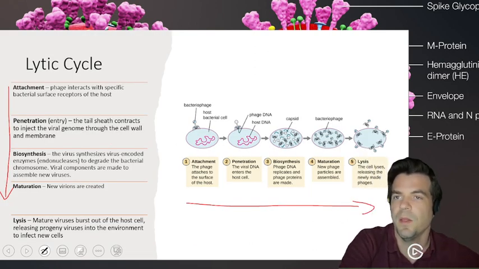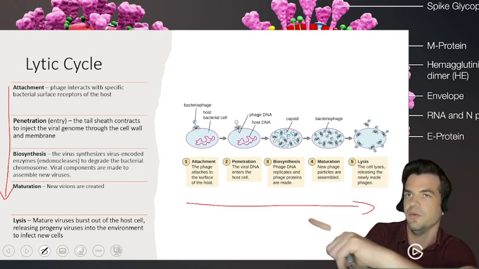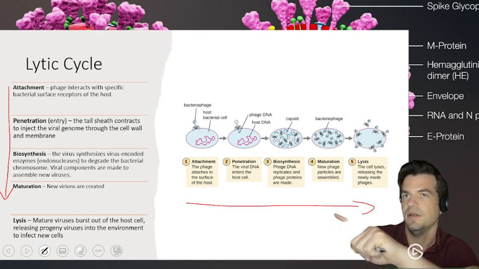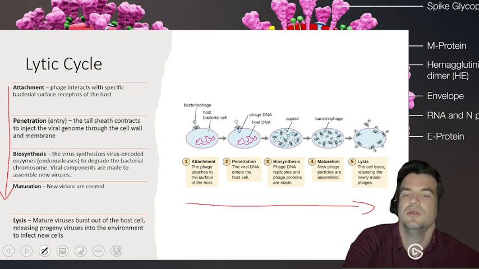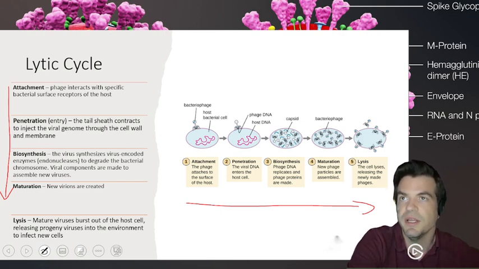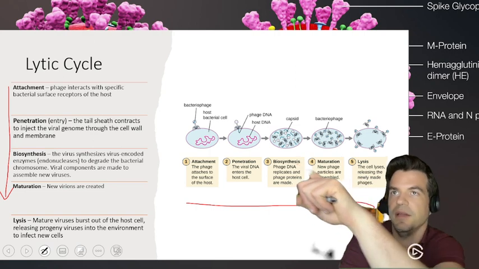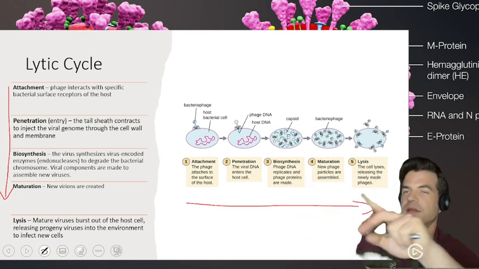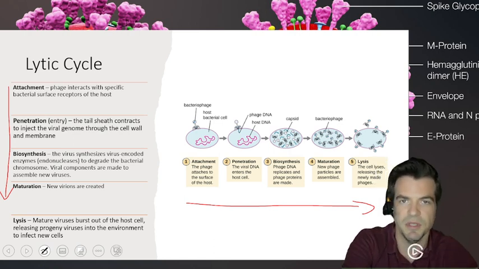So when we look at the lytic cycle, we can read it on the far side and look down, or we can read it right here and go across. All right, so if you're visual, you will look at the pictures first and follow where that blue DNA goes, okay? And the blue DNA is viral, and at this point, in these last three steps, the pink bacterial DNA becomes irrelevant.